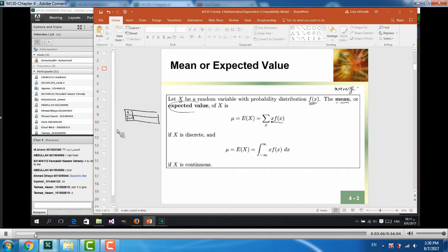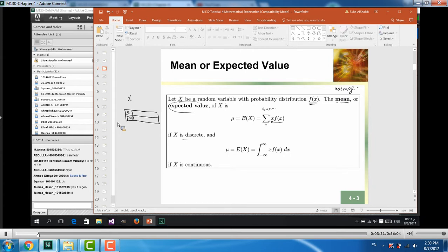We have the x values, and the fx associated with all the x's that we have. Multiply each x with fx and take the sum. This will give you the mean or the expected value of x. This is when x is discrete.